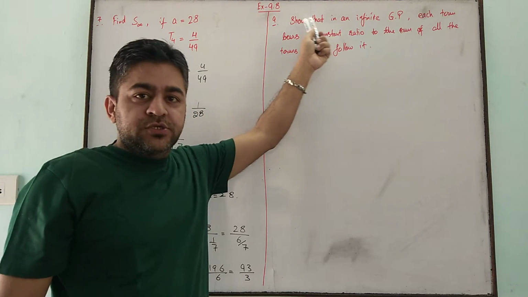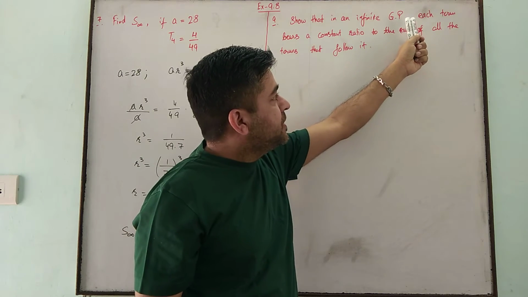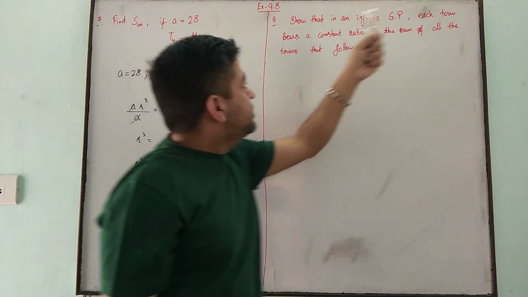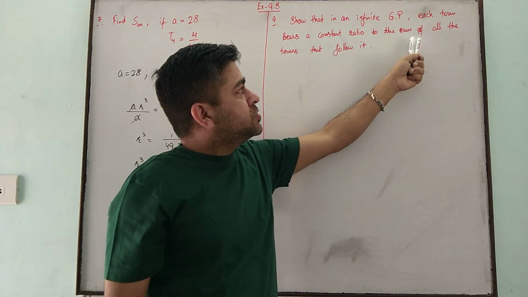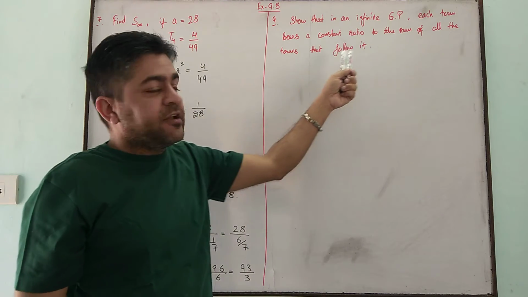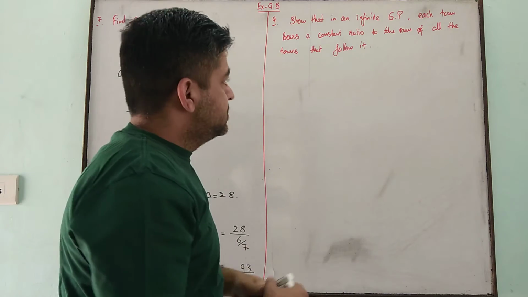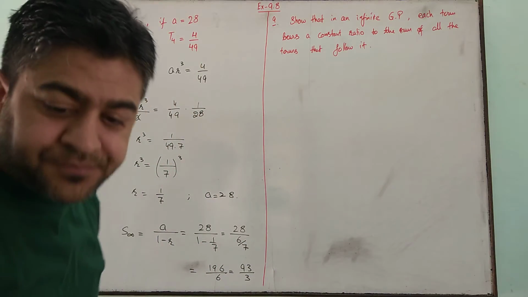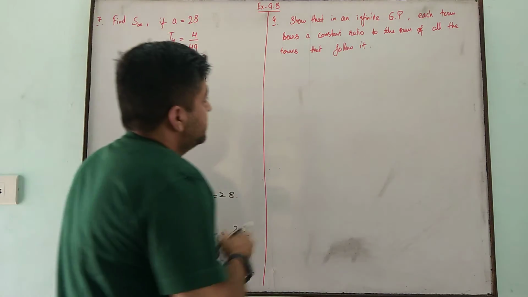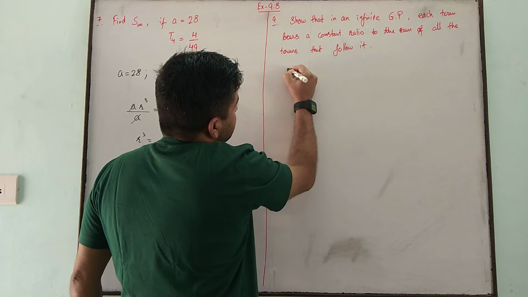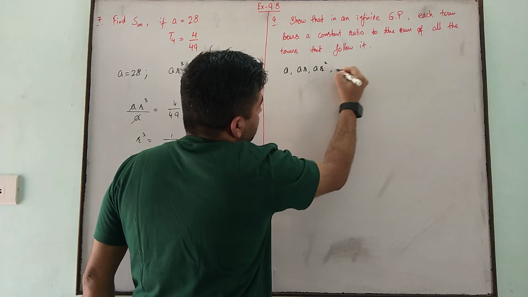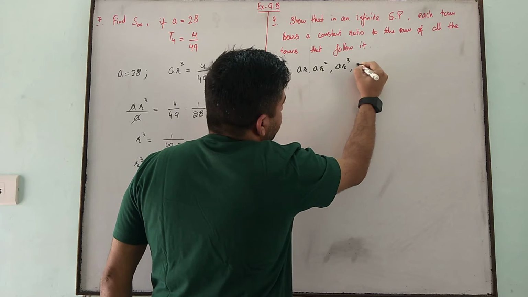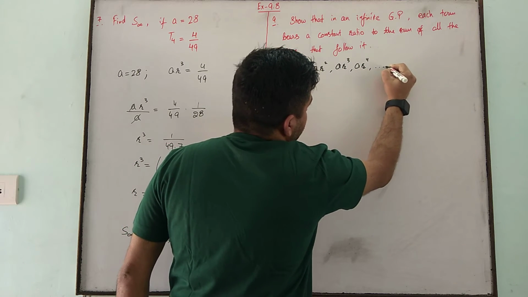Next question: show that in an infinite GP, each term bears a constant ratio to the sum of all the terms that follow it. What he is saying is AR square, AR cube, AR4 and so on.